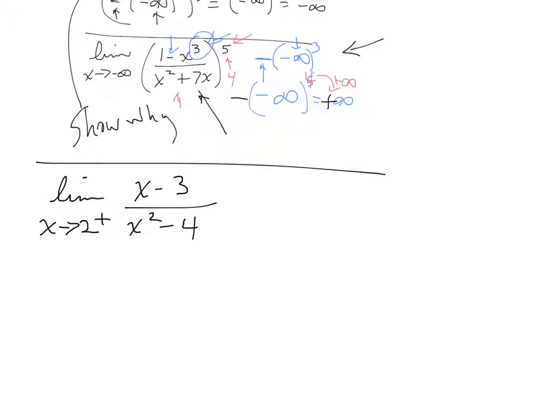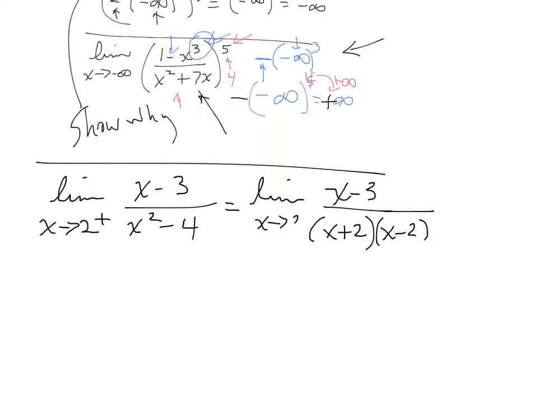There's nothing wrong with factoring this, even though you might say it's not doing anything for you. What it does for me is it makes me look at the factors and not get too wrapped up in that square thing. If I'm approaching 2 from this side, I'm getting very, very close to 2.